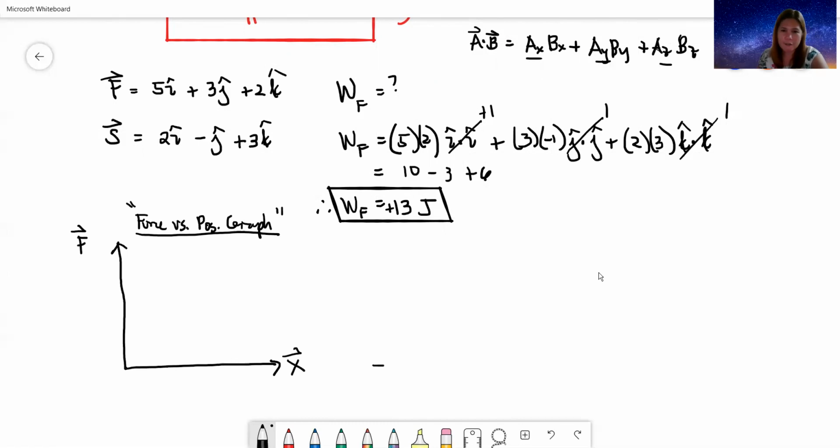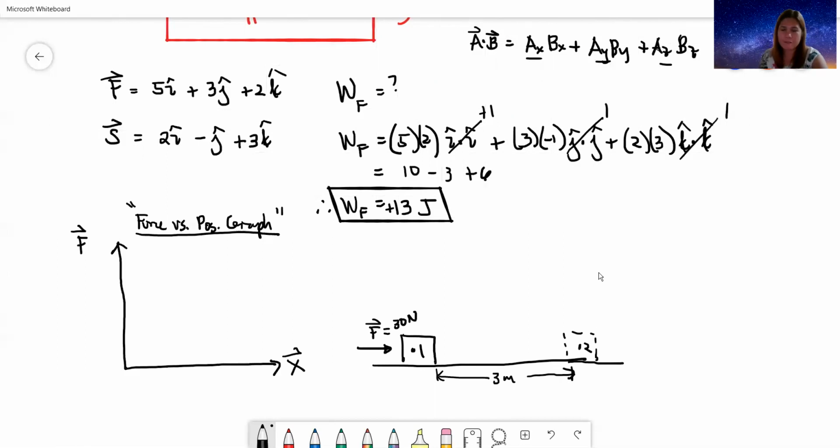So kung i-graph ko ngayon, yung graph ng applied force ko, so say for example, yung ginamit natin na F kanina, if F here is let's say 30 newtons, and then ito yung position 1, and then later nakarating na dito si box natin, and then let's say that the distance here is let's say 3 meters.